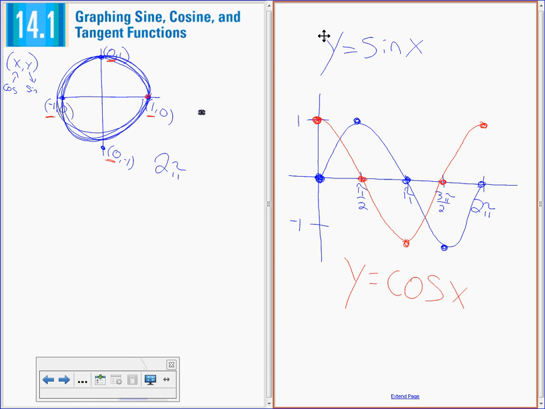In this chapter, I like to break it into two parts. I worry about sine and cosine first, and then we shift them with the h's and k's. Then I worry about tangents and their shifts, because the way you set them up is very different, but sine and cosine are so similar, it's easier to do.